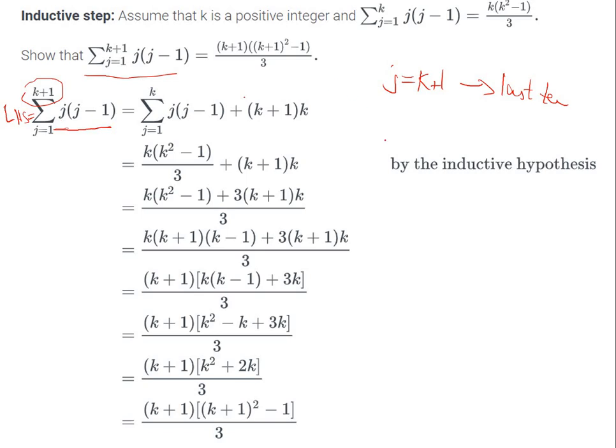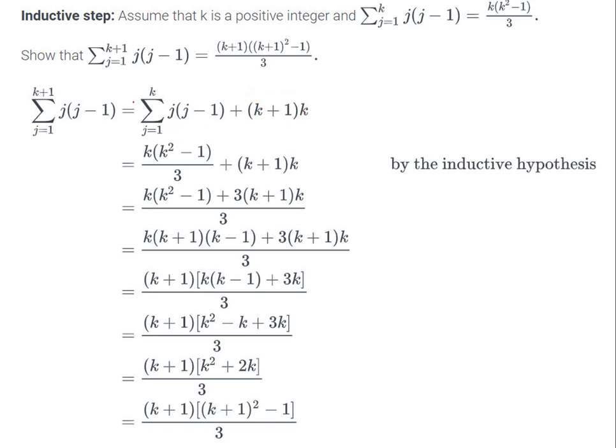So j times j minus 1 is going to become k plus 1 times k plus 1 minus 1. For this part, you just get k. So j times j minus 1 gives you k times k plus 1. So this is your last term.